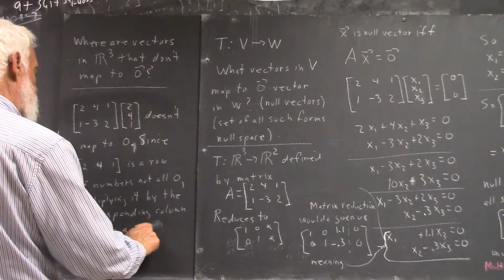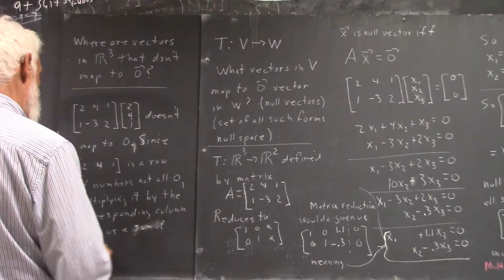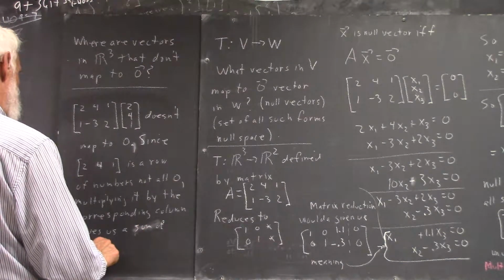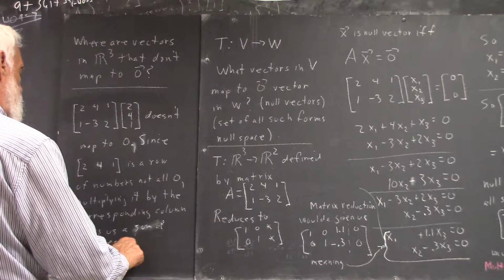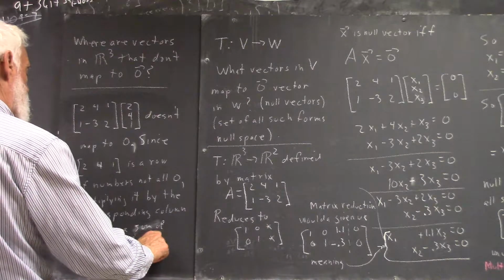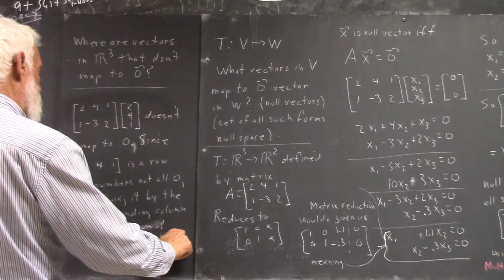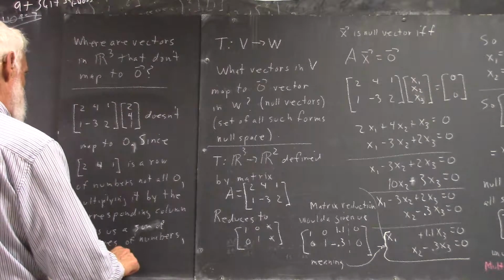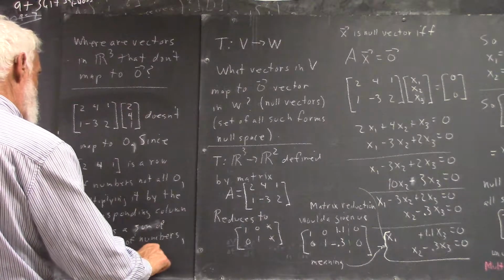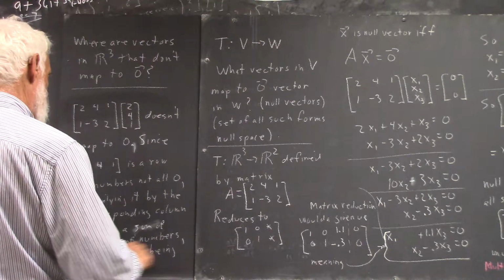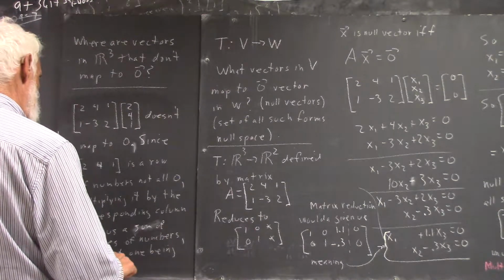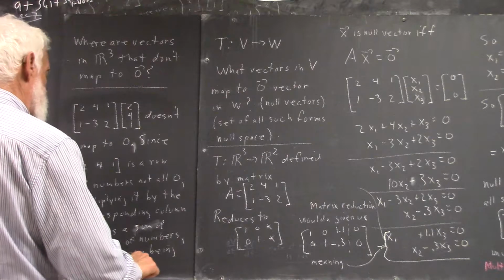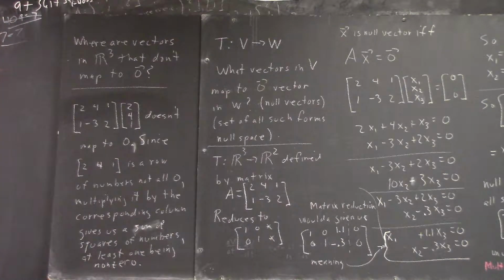So it gives us a sum of squares of numbers, at least one being non-zero, right?